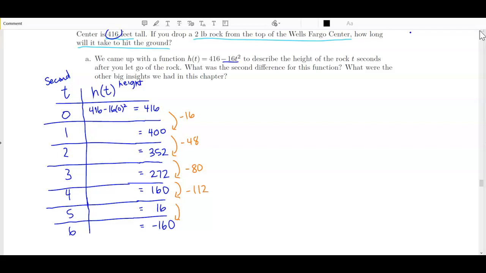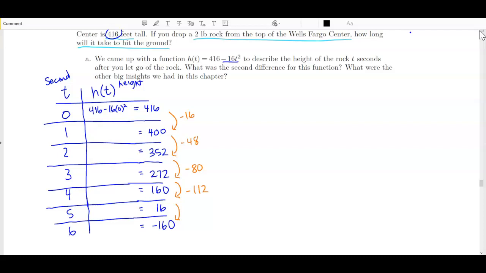And then keep doing that. So now do the other one. Do negative 80 minus negative 48. And what do you get there? Negative 32. Negative 32 again, right?